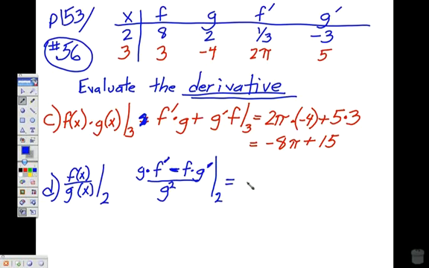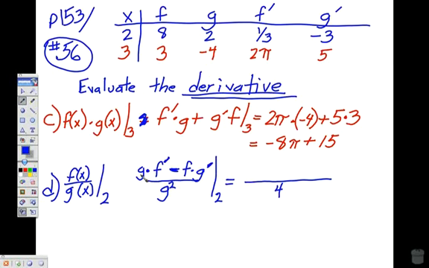Okay, so let's put our numbers in. We're using the blue numbers here because it's x equals 2. So let's do the easy one first. G squared on the bottom. G is 2, so we want a 4 on the bottom.